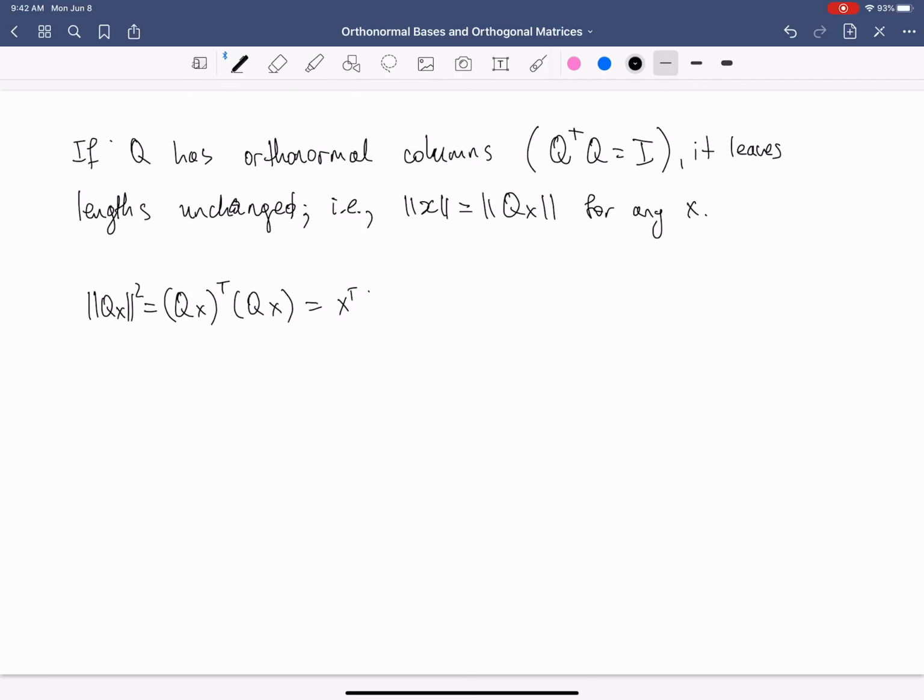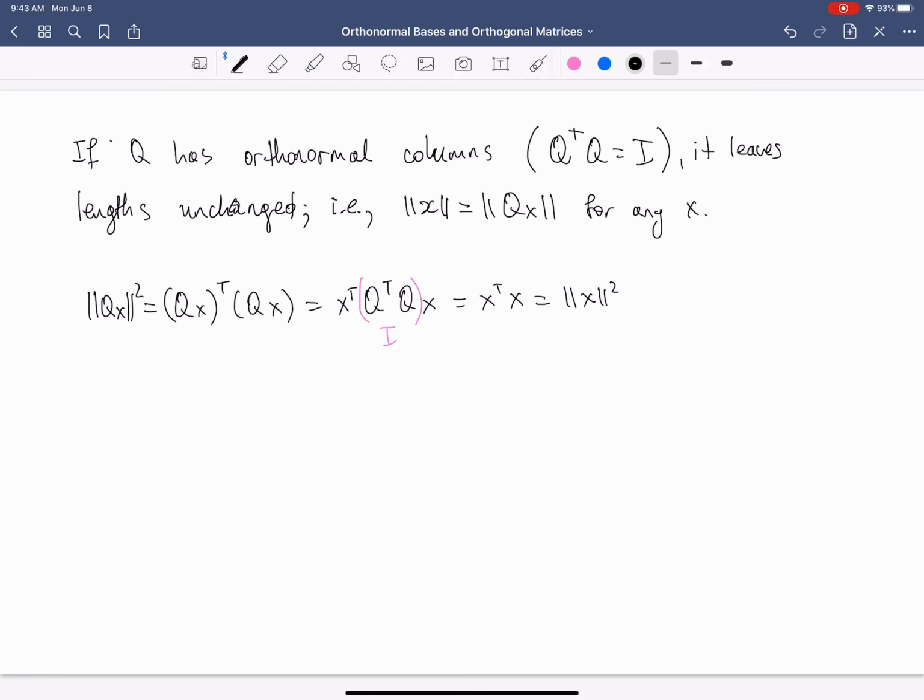What we get is X transpose Q transpose Q times X. Since Q transpose Q is the identity, what we get is X transpose X, which is the norm of X squared. So that is the proof that when you apply a transformation to a vector that is an orthogonal matrix, or the columns are orthonormal, you preserve lengths.